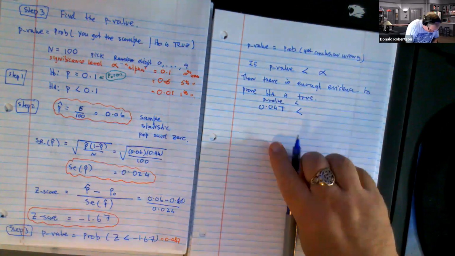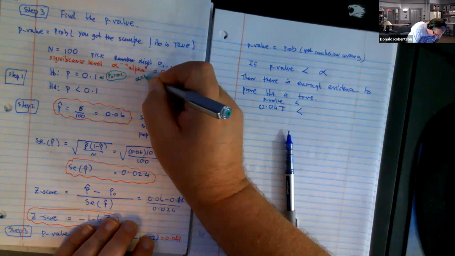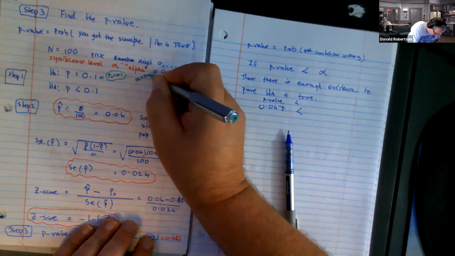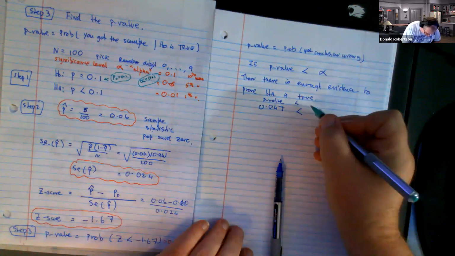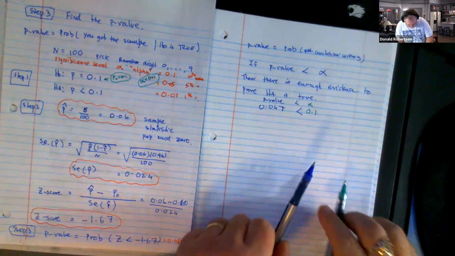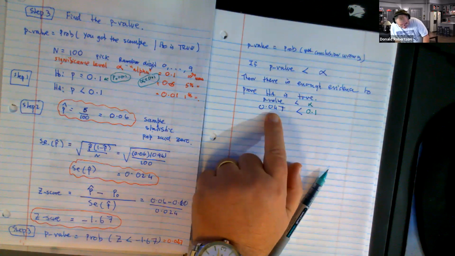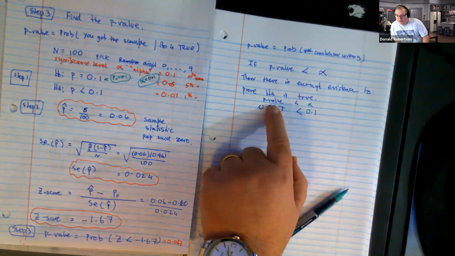So actually, right up here, somebody should have said that alpha was, let's say, 0.1. Then if that's the case, you are going to check, is this less than 0.1? So are you underneath your tolerance? Yeah, I want to be 10% or less.